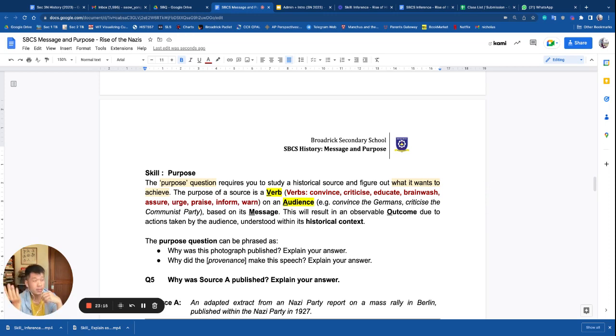So sometimes, for example, you have a speech from Hitler, and Hitler is saying, this is a very famous speech in 1939, if I remember, 1st January 1939 at the Sports Palace. Hitler makes this crazy speech. You can search it up. And he says something along the lines of, if the Jews want to play with Germany, they want to make a mess, they will start a world war.